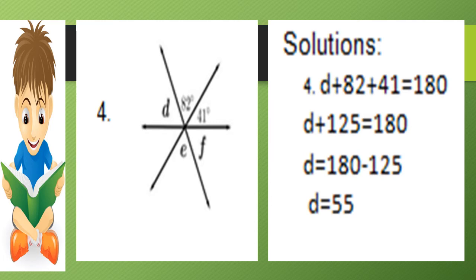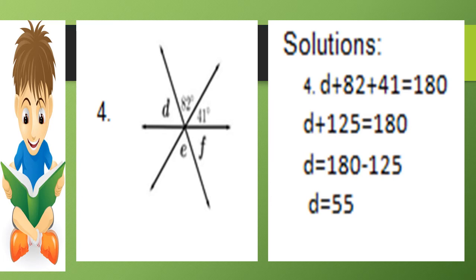Then we apply the subtraction property of equality, which means D plus 125 minus 125 is equal to 180 minus 125. Then 125 minus 125 is 0, and 180 minus 125 is 55. So therefore, the measure of angle D is 55.